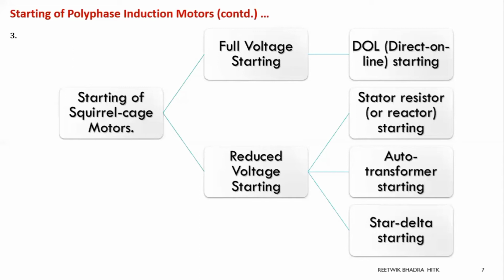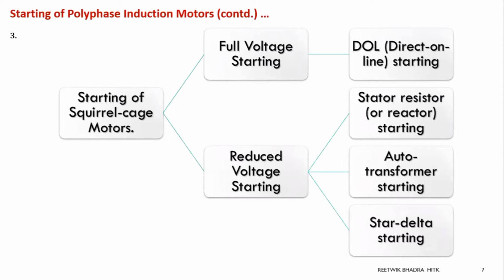But there is also one disadvantage. Since the induction motor needs a starting torque at starting only, it is a self-starting motor. At starting there should be a torque present so that it starts automatically as soon as we give the supply. If you recall the torque and voltage relationship, torque was directly proportional to voltage squared.